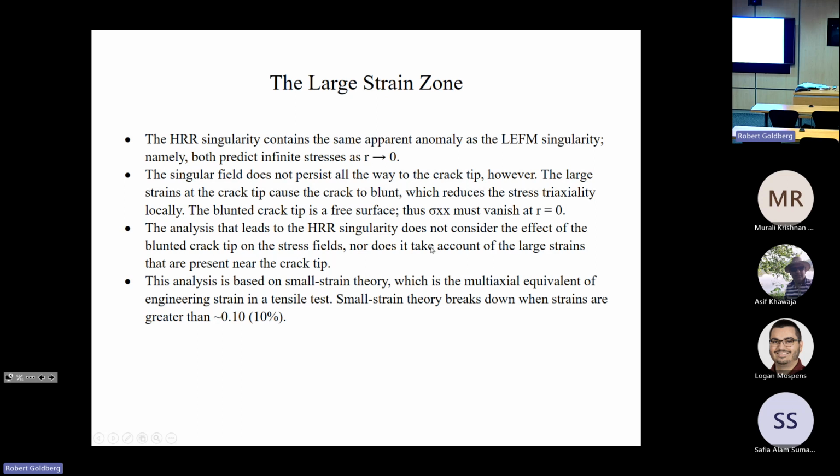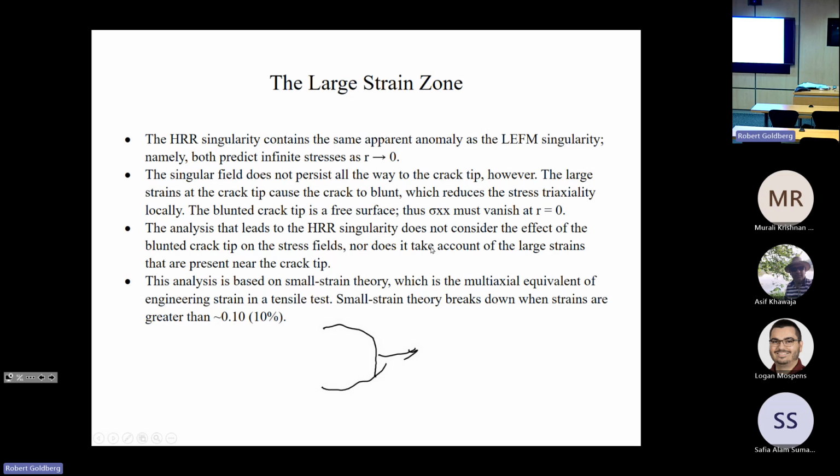But the singular field doesn't persist all the way to the crack tip. In real materials, the large strains at the crack tip cause the crack to blunt, which reduces the stress triaxiality locally, and the blunted crack tip is a free surface, so the stresses in this direction have to be zero at a free surface.